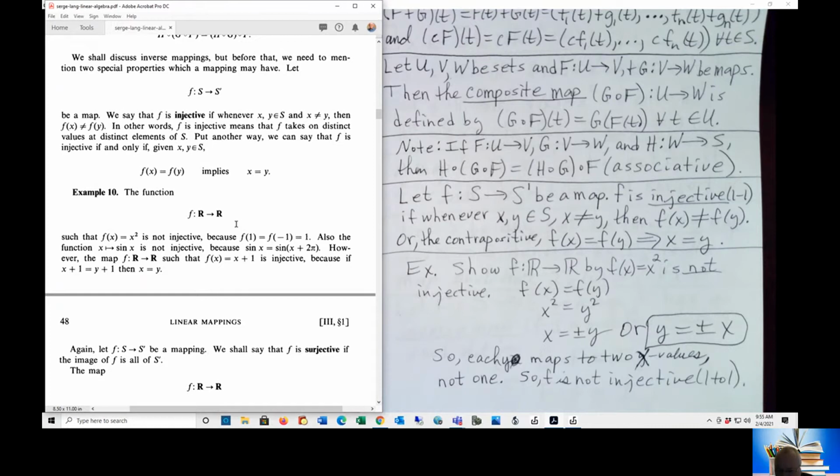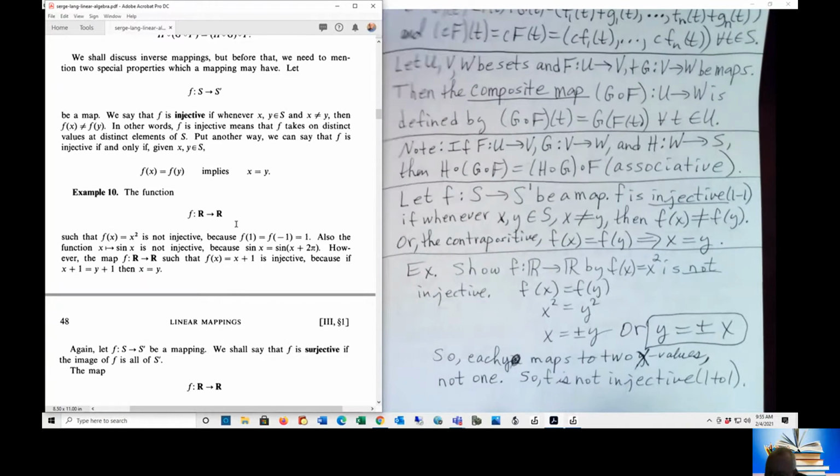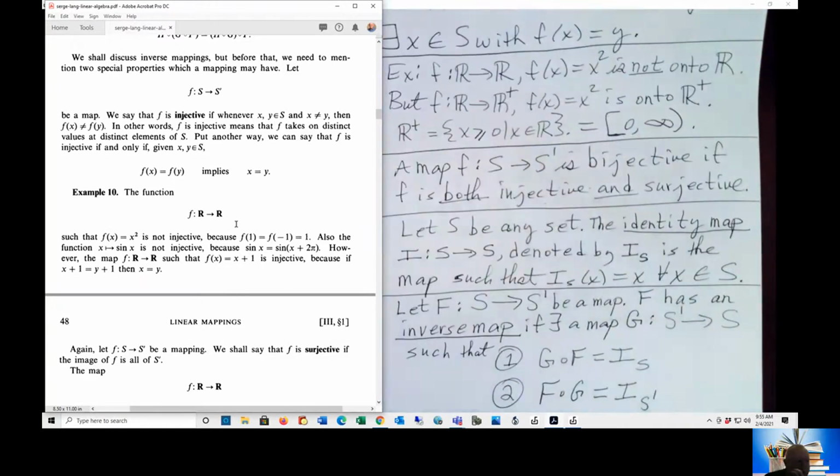And so every y is mapping back to two x's, which violates the definition of a mapping being one-to-one. And so it's not one-to-one. Again, that's something you should remember. And this is also covered in the Bridge to Higher Math, Math 3040. Okay, and so the next definition is surjective, or onto.